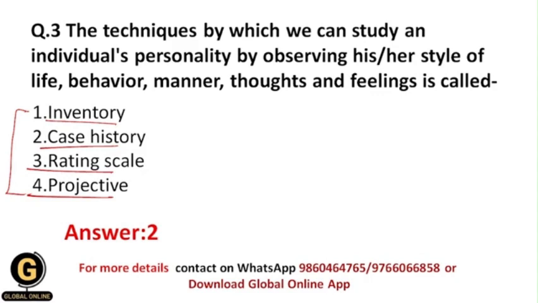So case history includes all relevant information or material which is gathered about an individual, family, group, etc. And the common types of information included in case history are basic statistical data such as gender, name, like that.